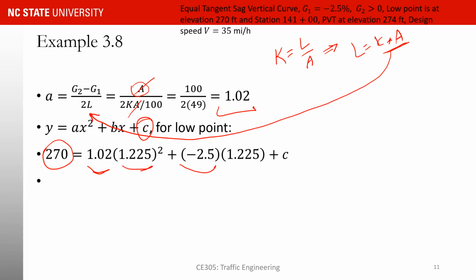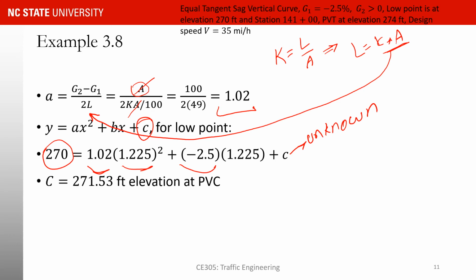So if you just put all of these in this equation, you find out that the only unknown is c. So you just have a very simple equation to find c. C is going to be 271.53 feet. That's going to be our elevation at PVC.